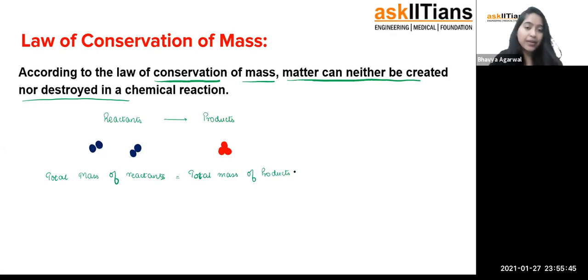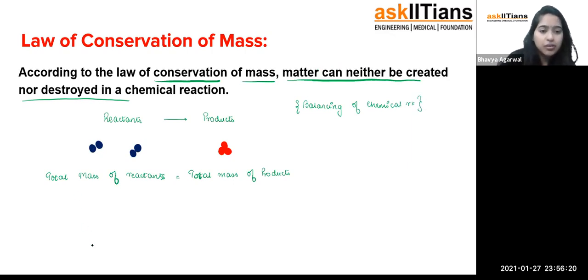Total mass of the reactants is equal to the total mass of products. This is also the very laying foundation for balancing of chemical reaction, which you will be studying eventually in the classes. And there's the first chapter of grade 10 completely devoted on this. So balancing of chemical reactions is based on the law of conservation of mass.